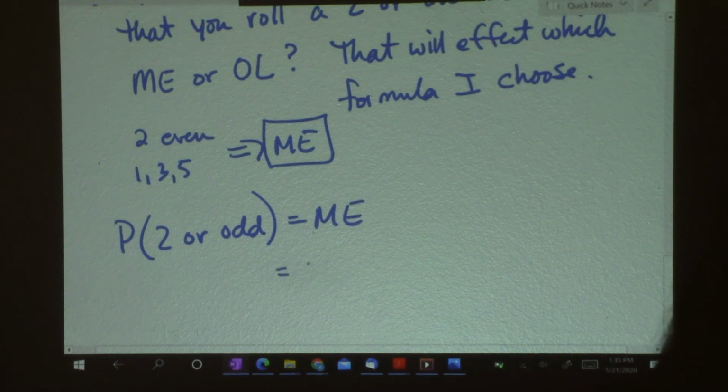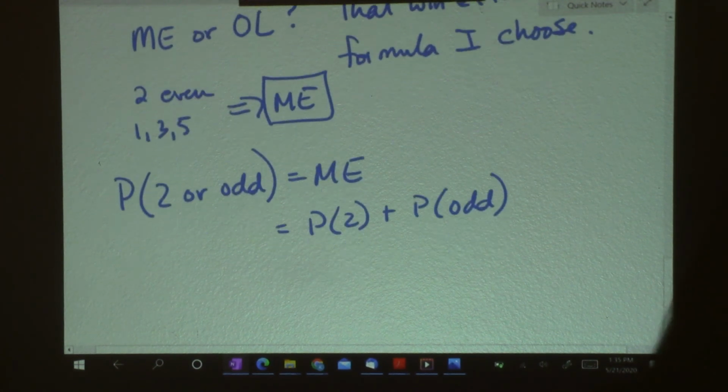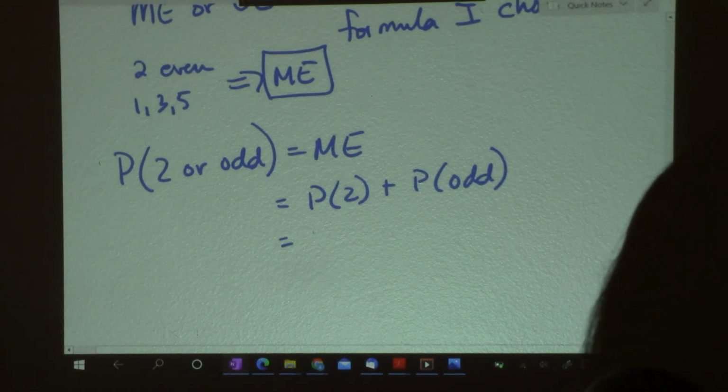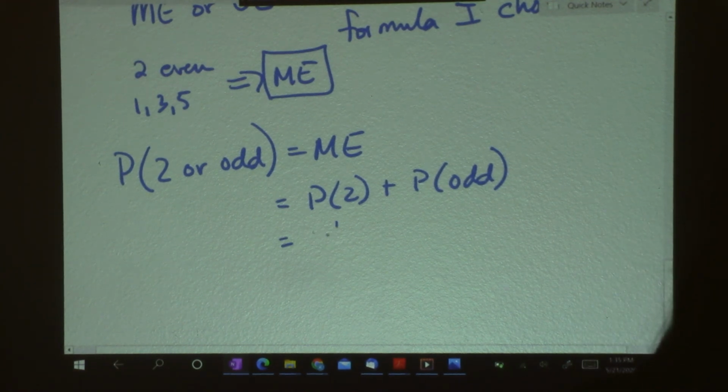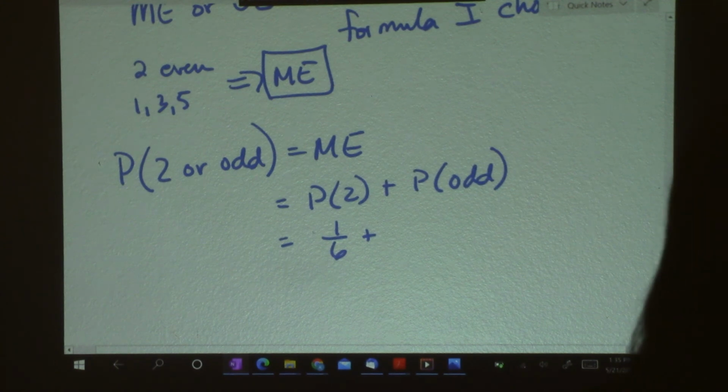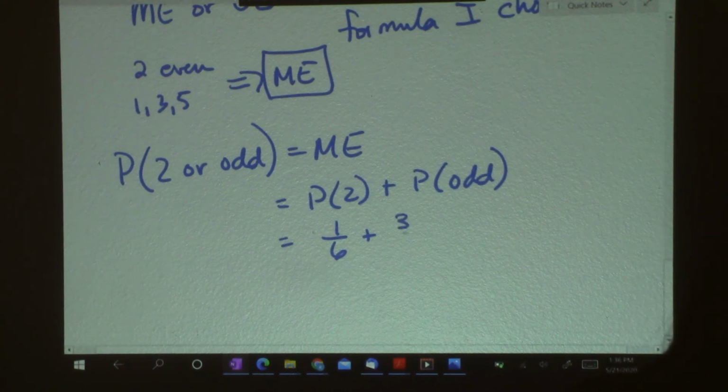And so that means we're going to add the probability of rolling a 2 plus the probability of rolling an odd number. So what's the probability of rolling a 2? Well, that would be 1 out of 6. And what's the probability of rolling an odd number? That would be 3 out of 6. So again, we get 4/6, which is 2/3. There's a lot of that around here, but it doesn't always work out that way.